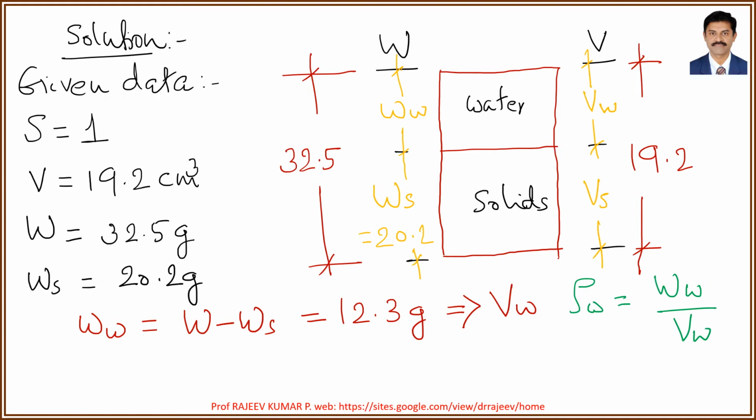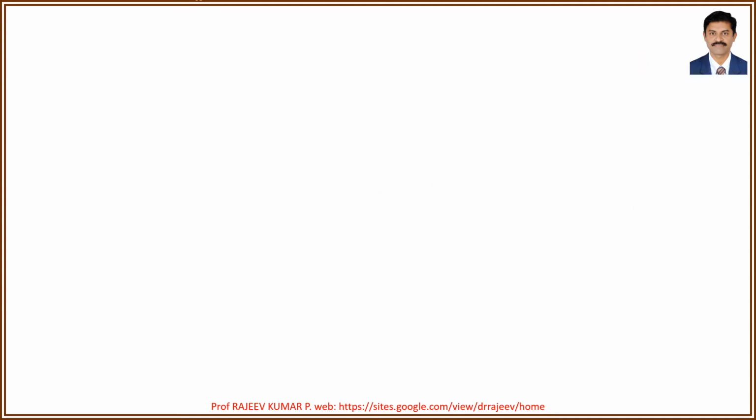Here you can easily find out that water content A can be determined using the expression weight of water divided by weight of soil solids.